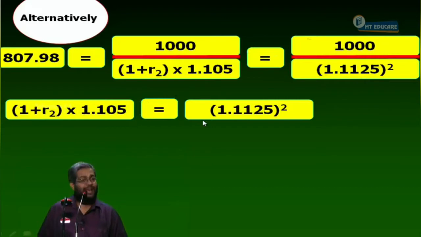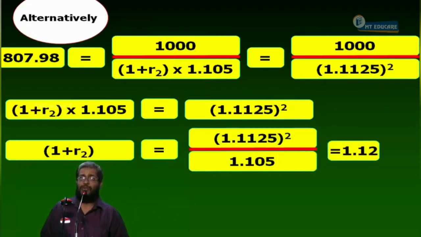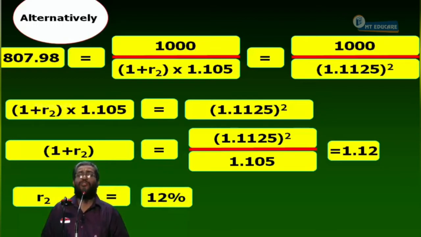Same. Correct? In that case, (1 + R2) into 1.105 is equal to what? 1.125 the whole square. Right or not? In other words, 1 + R2 is equal to 1.125 the whole square divided by what? 1.105, which is equal to how much? 1.12. In other words, R2 is equal to 12%.